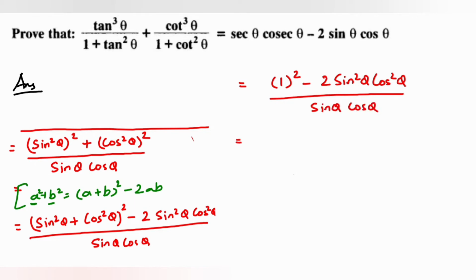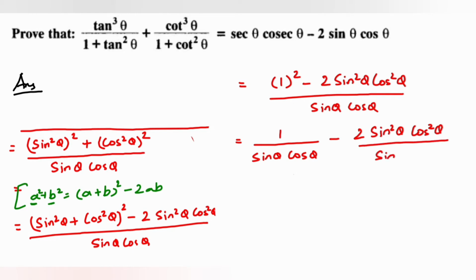We're going to write it separately. We get 1 upon sin theta cos theta minus 2 sin square theta cos square theta upon sin theta cos theta. You can cancel sin theta and cos theta in the numerator and denominator.